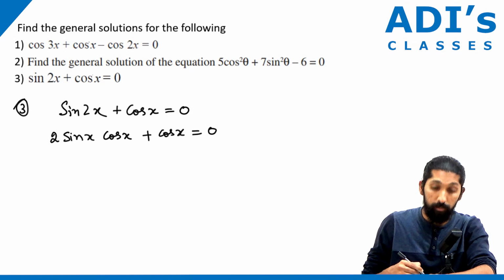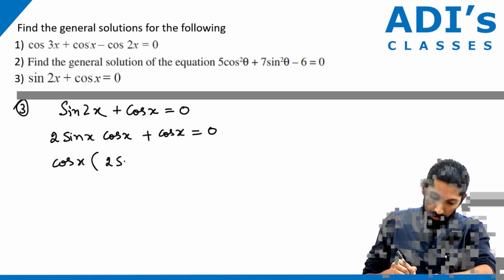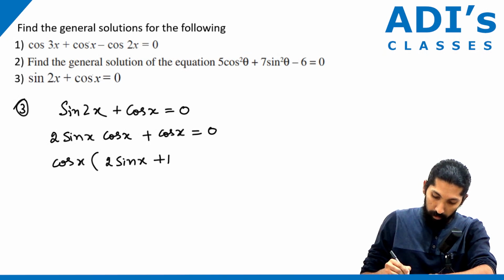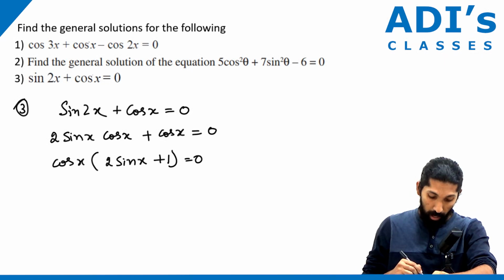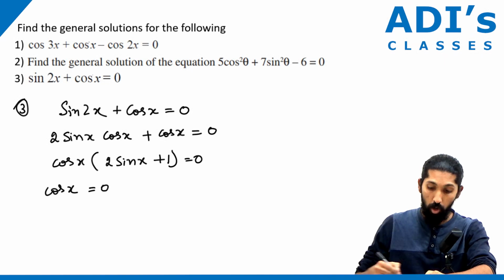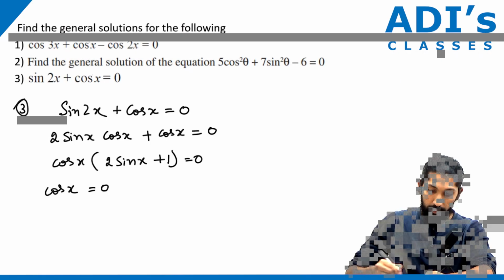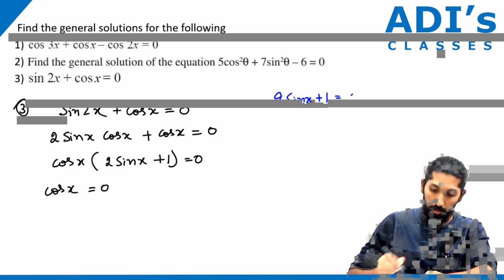Take cos x common. Cos x into 2 sin x plus 1 is equal to 0. Again, two possibilities. Either cos x is equal to 0, first case, or here we can write the second case is 2 sin x plus 1 is equal to 0.